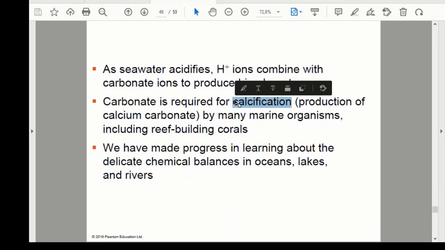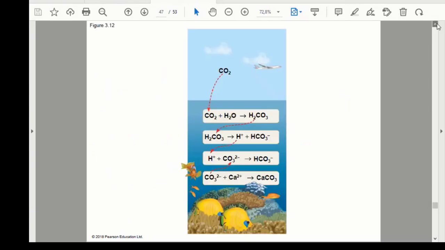So for that reaction, you can check: is there a reversible reaction here? Anyone? You can just type yes or no in your chat box. Is this reaction reversible?